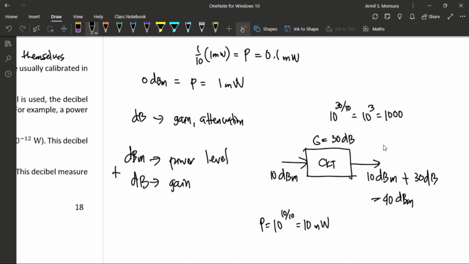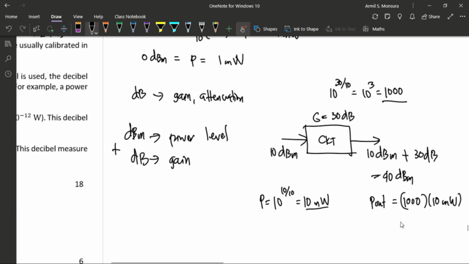Now, the power output at this side is this one times this one, so 1,000 times 10 milliwatts.